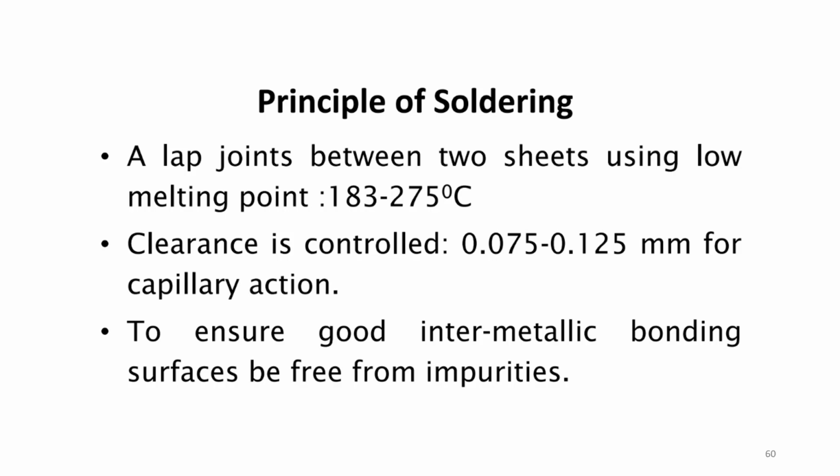In the case of soldering, the wettability is higher, so they spread very fast. So for capillary action, you should provide some clearance. And to ensure good intermetallic bonding, the surface should be free of impurities, so it should be polished and impurity free.